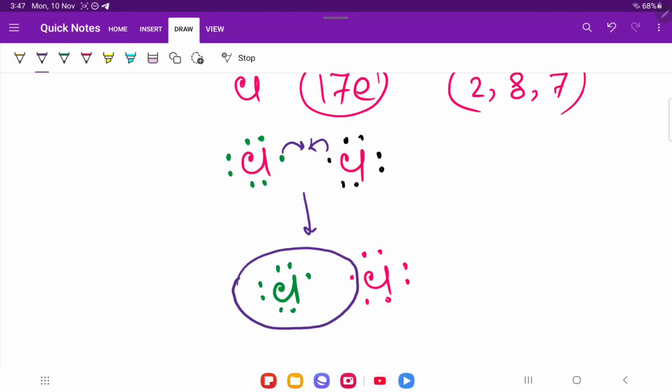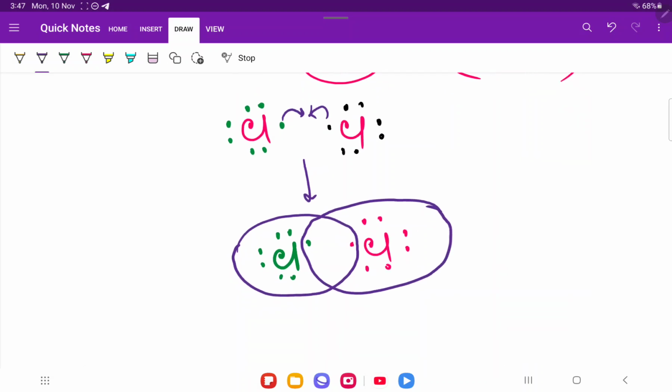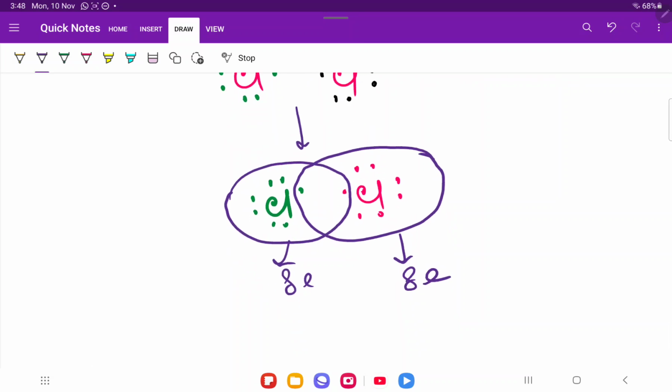This chlorine is sharing this other electron, and in the other case also like that. Now you see in both these cases the total number of electrons is 8, meaning this circle has 8 electrons and this circle has 8 electrons. So now they fulfill what they need.